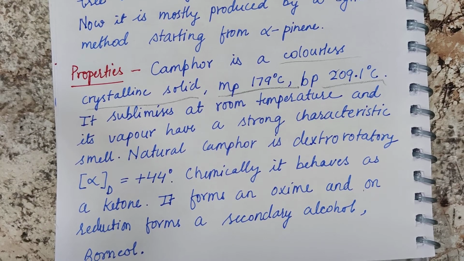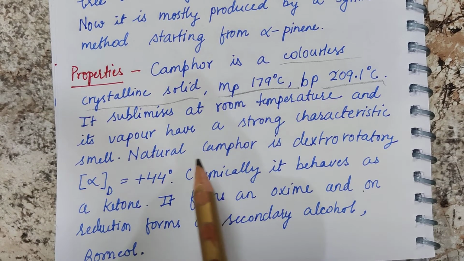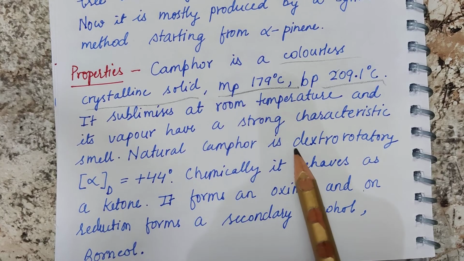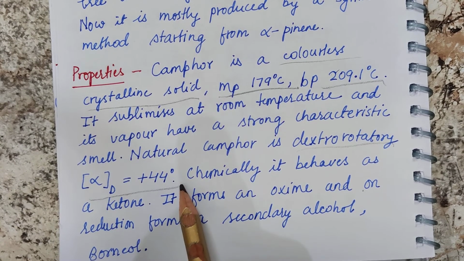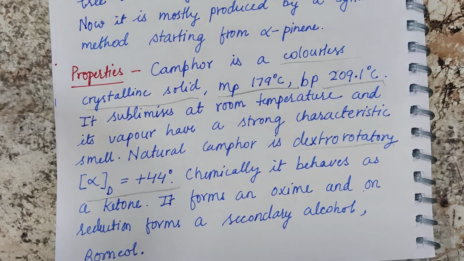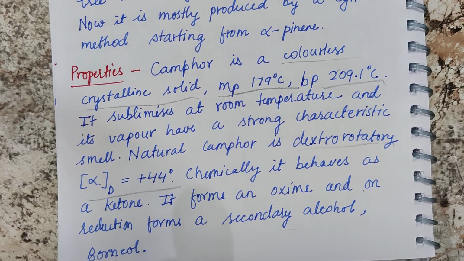The natural camphor has optical rotation. These are dextrorotatory and show a rotation of 44 degrees. Chemically, if you look at it, it behaves as a ketone. The ketonic group is present, so it gives the reactions of ketone. It forms an oxime and on reduction forms a secondary alcohol, borneol.